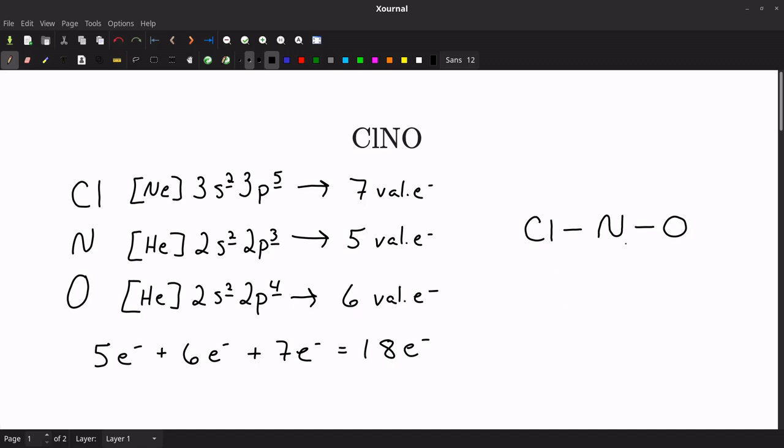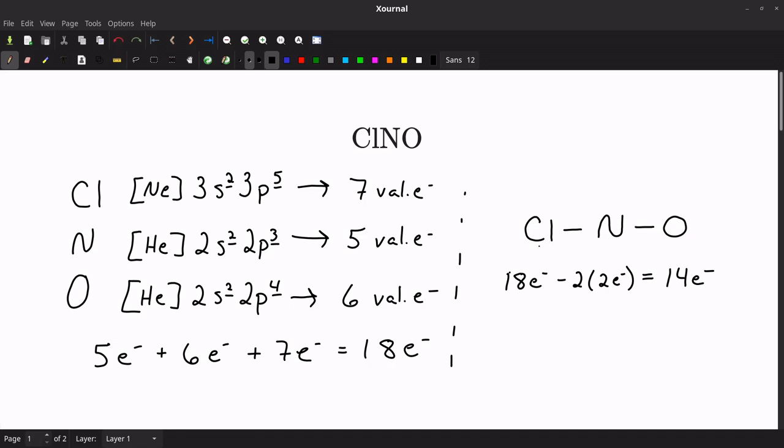Now I formed 2 bonds, so I'll draw a little line here to keep this from being confusing. 18 electrons minus 2 bonds worth of electrons gives us 14 electrons left over.